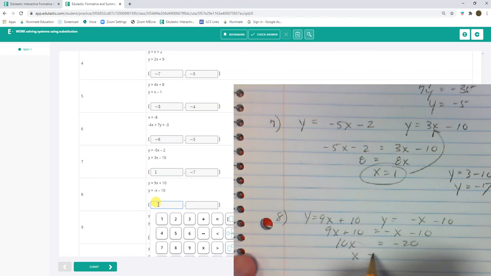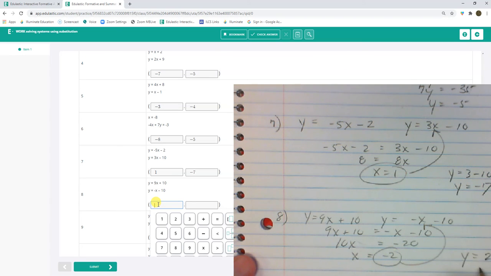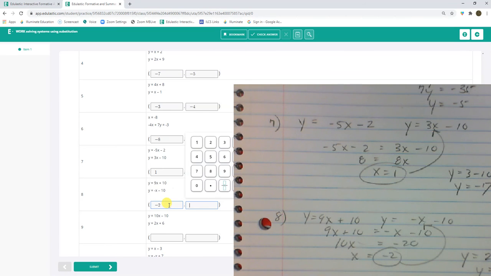Divide both sides by 10, x equals -2. And we'll plug that in right there. So -2 is 2 minus 10, y equals -8. -2 comma -8.